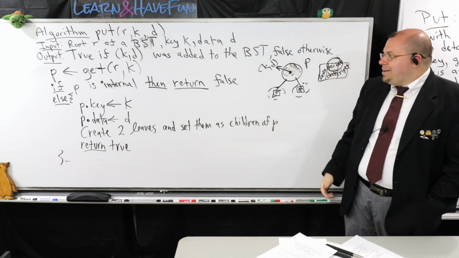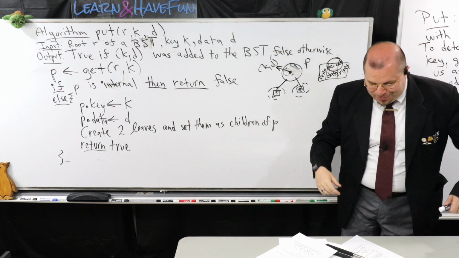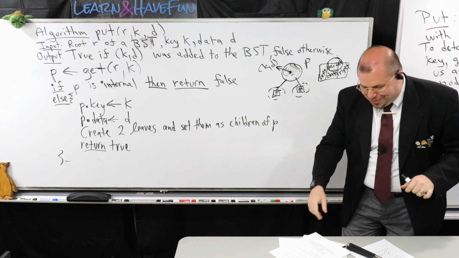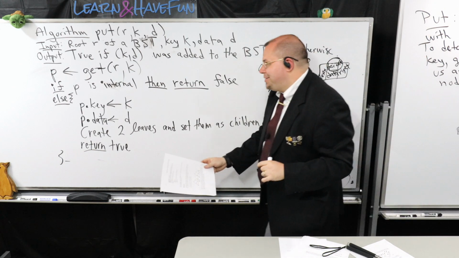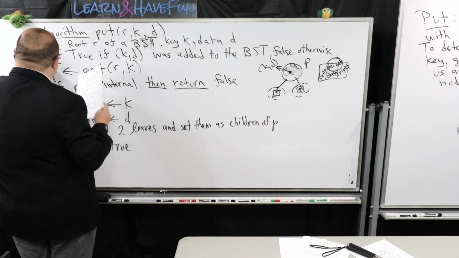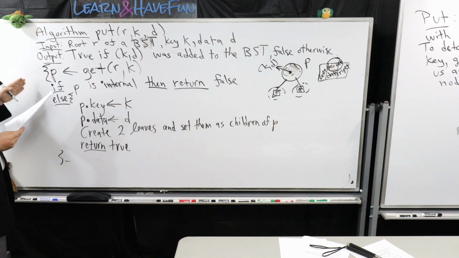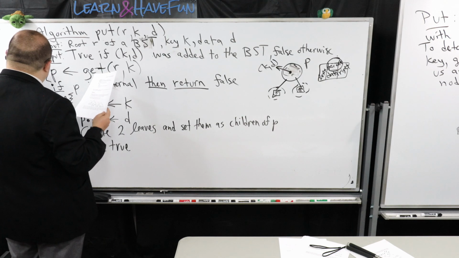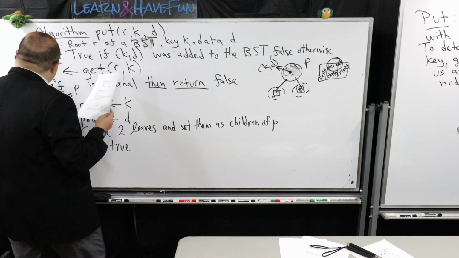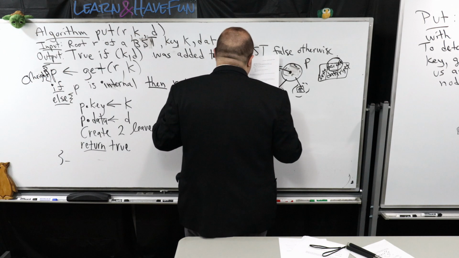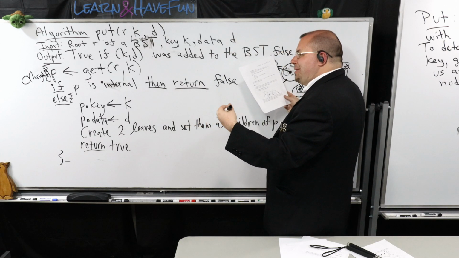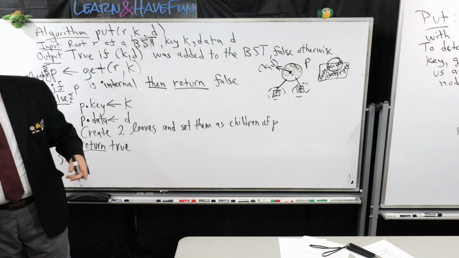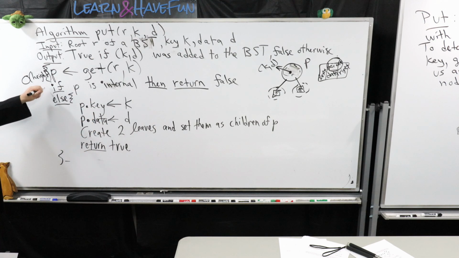Okay, so this brings us to the time complexity. This is the great part. Now that we have other things going on here, we know that this get operation takes big O of the height. All of these other operations, how many operations are these in total?